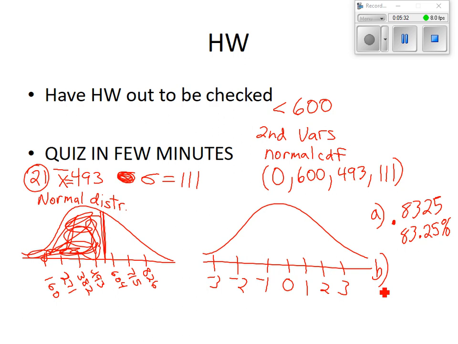Part B says, if 1,000 SAT writing scores are randomly selected, about how many would you expect to be greater than 550? First thing we gotta do, this time we want greater than, not less than, we want greater than 550. So what's gonna change on what we're putting in our calculator? What's the low one gonna be? 550.